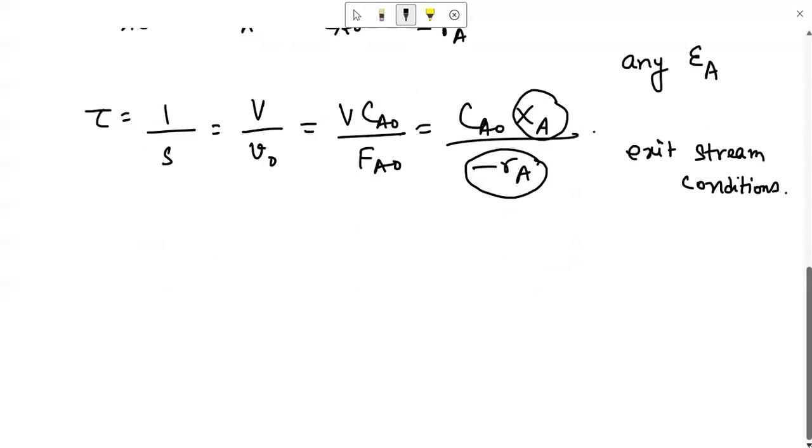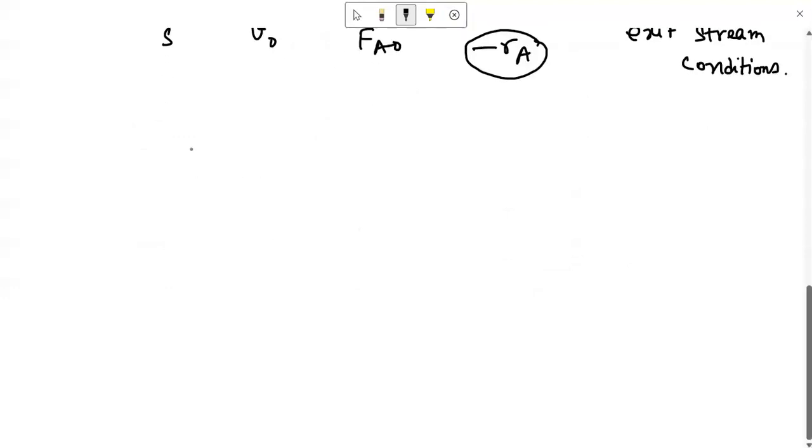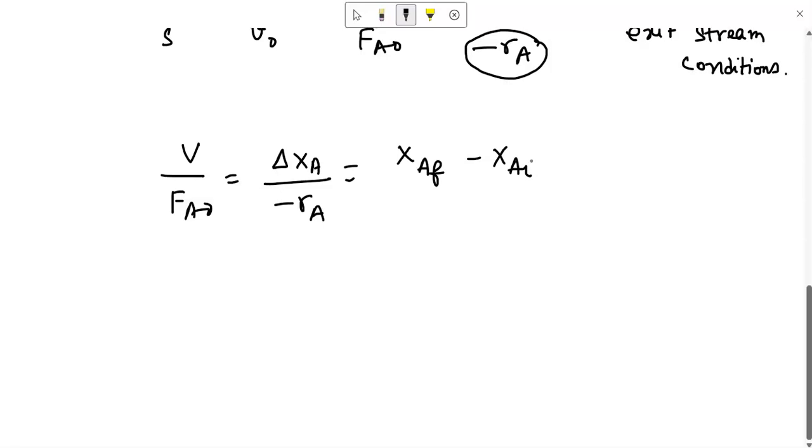Okay, so let's write that expression: V by Fa0 equals delta Xa by minus Ra, which we wrote earlier, and this delta Xa can be written as Xaf minus Xai divided by minus Ra at final conditions. Okay, like I said, the exit stream conditions are important. Xai is the conversion of the partially converted feed and Xaf is the final conversion at the output stream.